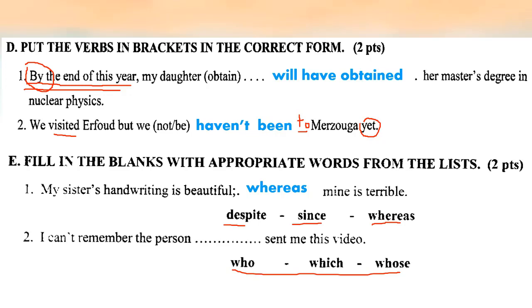So when I say who is used to refer to people, so there is a person here, and it should be a verb. If there is a verb, it's automatically who. But if there is a noun, we can use whose. And if we have an object, we use which. So the right answer here is who.